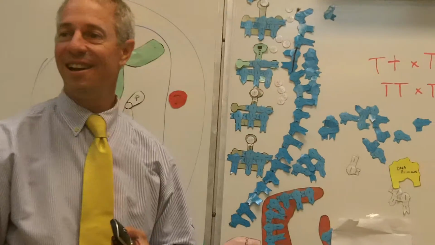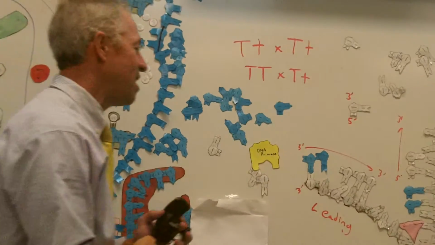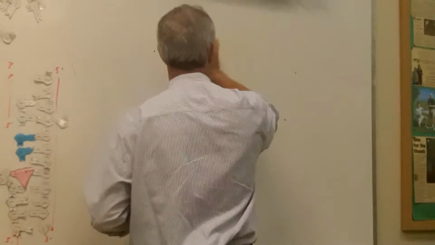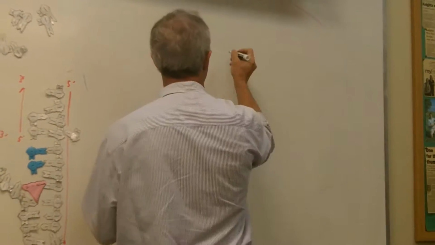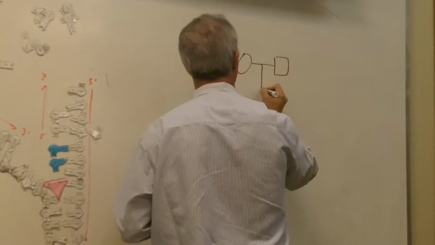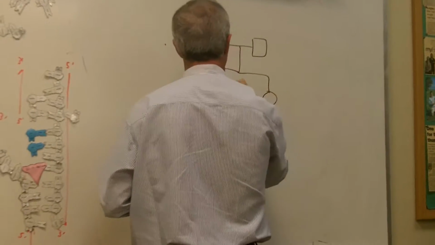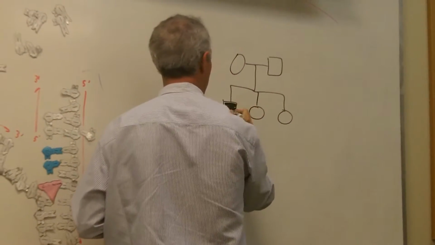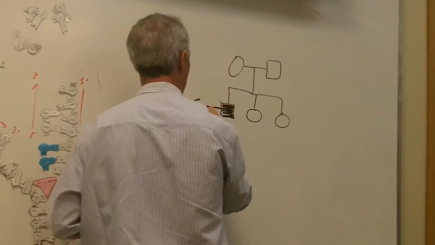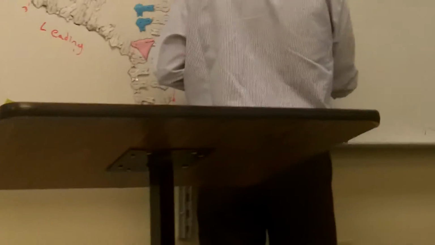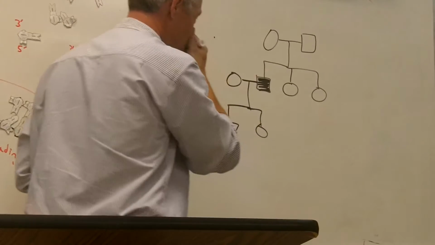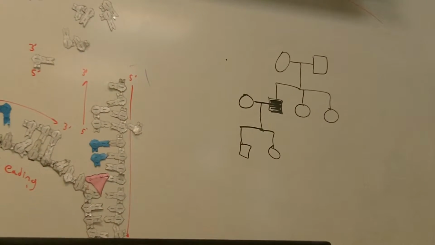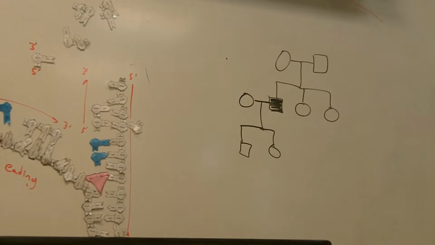Are you good? Okay, so here we go. You can get 30 points, you and your partner here. I'm making a Punnett square. Fill out what every organism is in terms of big D and little d.